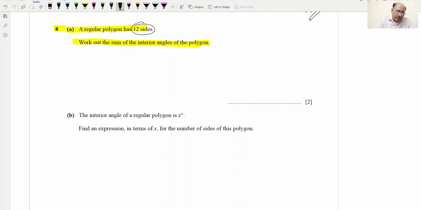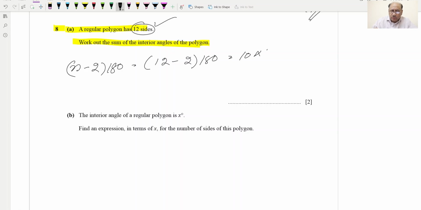The interior angle we can apply formula n minus 2 into 180, and n is 12 in this case, so we can write 12 minus 2 into 180, and this will be 10 into 180, which is equal to 1800. So 1800 will be the sum of interior angles of the polygon. This is 2 mark question which is done.